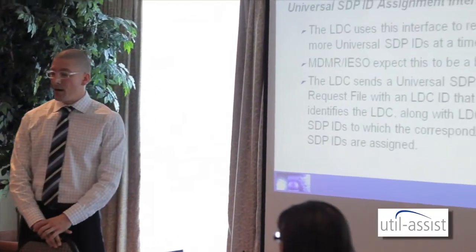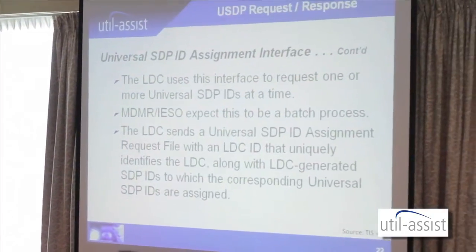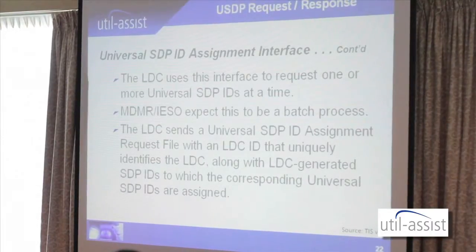You can use the interface to request one or more USDP IDs at a time. The MDMR loosely expects this to be a batch process. They never originally documented this expectation.